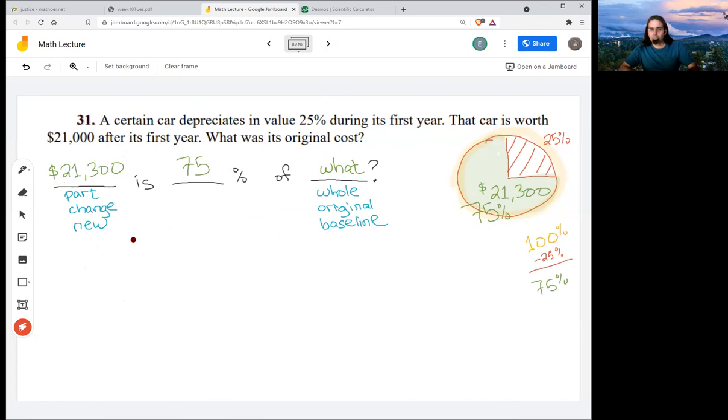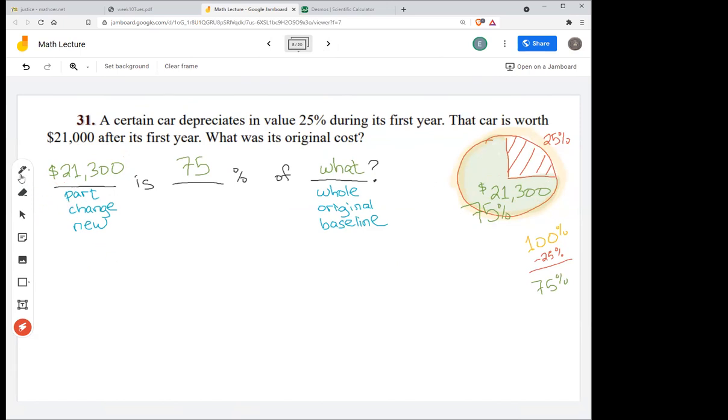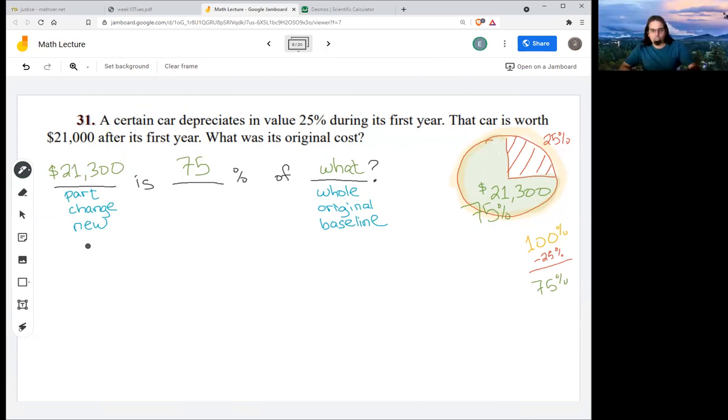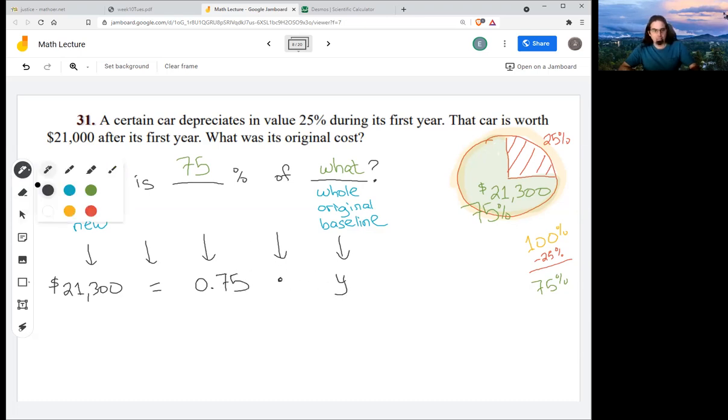So I'll stop right now. Questions about anything so far before we finish this up? I'm good. If you were to translate, numbers stay numbers, is becomes equals, of becomes multiply, get y by itself.